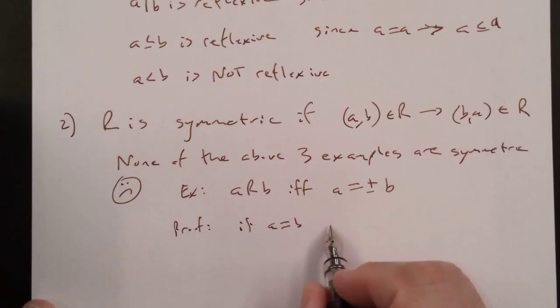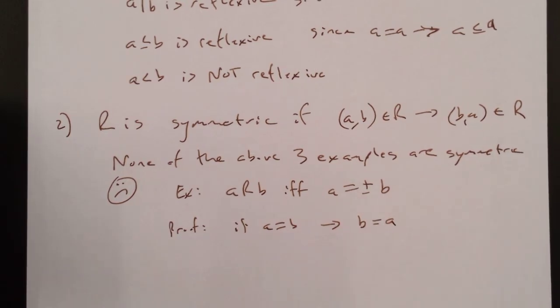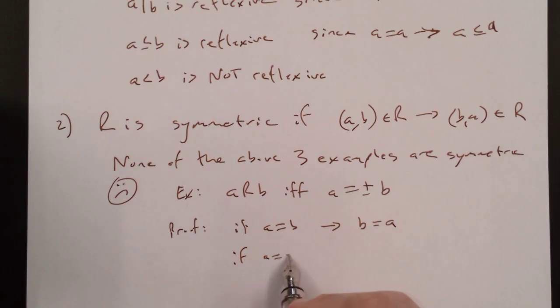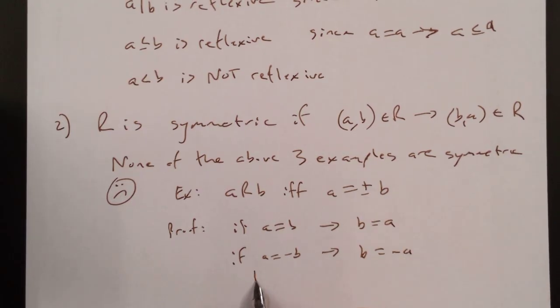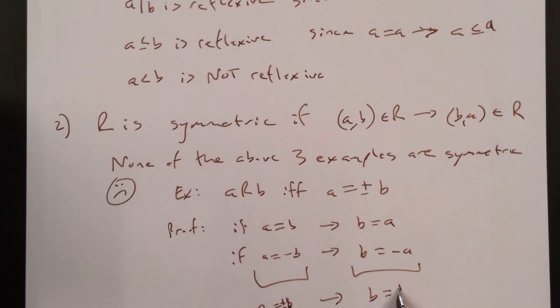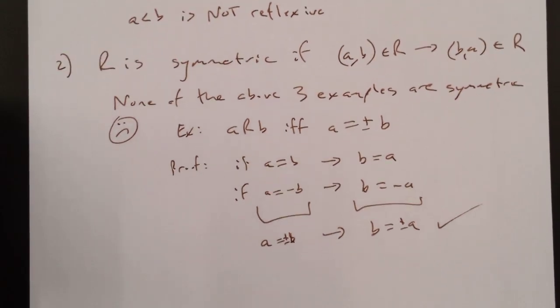If A is equal to B, well then clearly B is equal to A, right? If A is equal to negative B, then B is equal to negative A. And these two together mean A is equal to plus or minus B. And these two together mean B is equal to plus or minus A. I really just have to move the plus or minus from one side to the other, don't I?